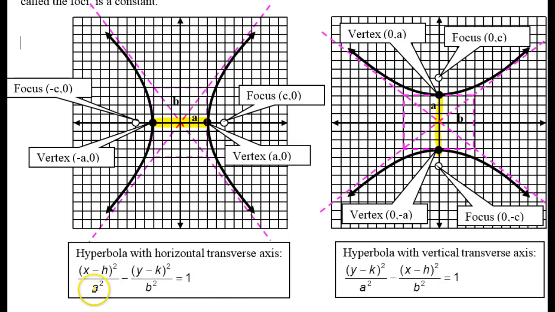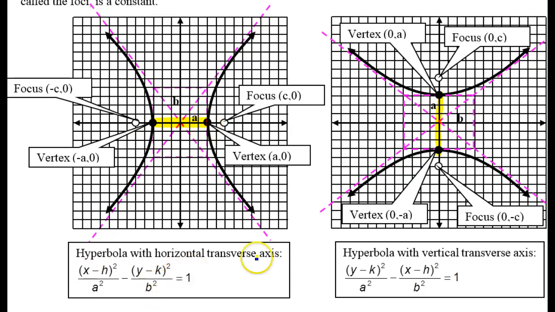Be careful when it comes to these A values and B values. There is something that's similar to an ellipse, but there's something that's different. When we had ellipses, the A value was always connected to the vertices of the ellipse. Now that's still true. The A value is the distance from the center to a vertex, just like for ellipses.